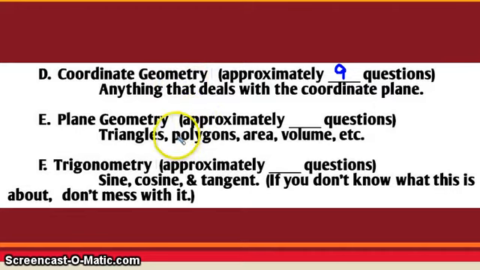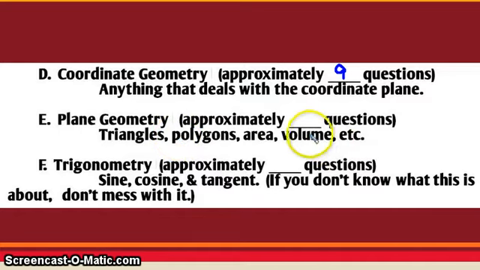Plane geometry is your basic 2D geometry. It's got some volume in it, so you are going to deal with some volume, surface area, possible questions, 3 dimensions. But for the most part, it's just plane geometry, which is the 2D plane geometry versus the 3D.